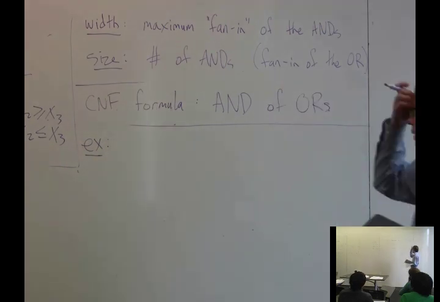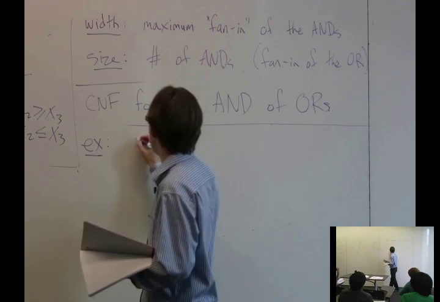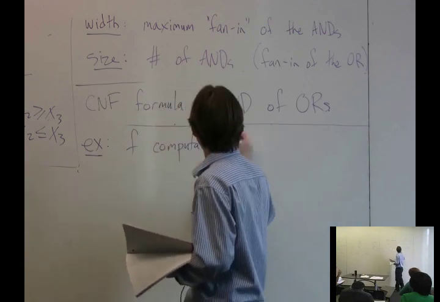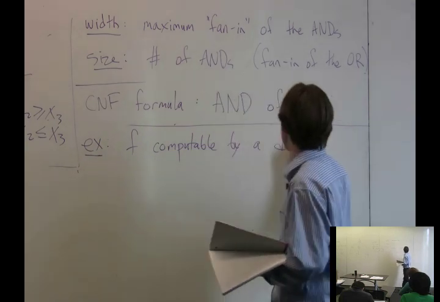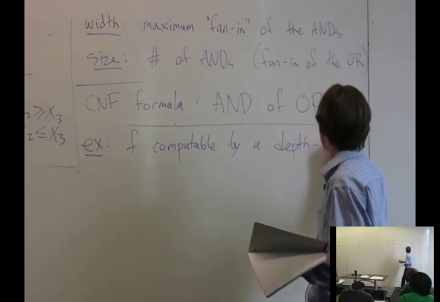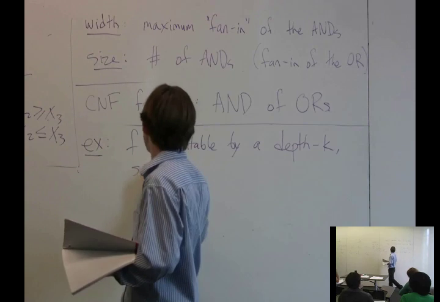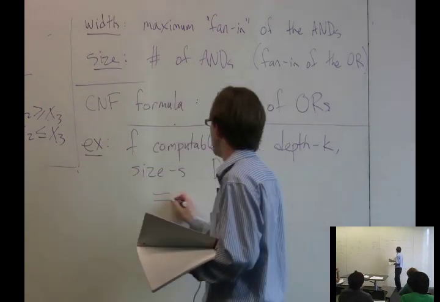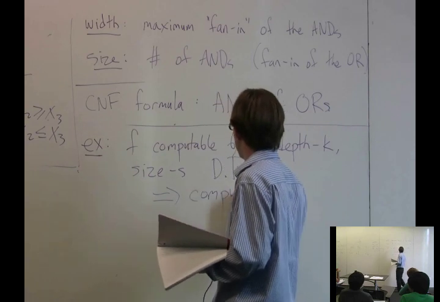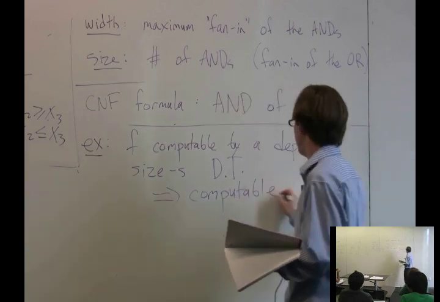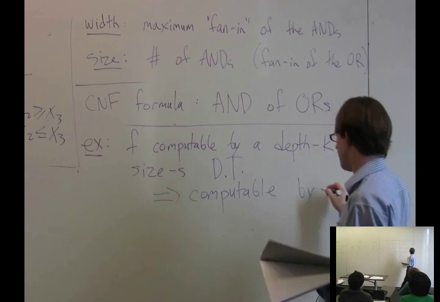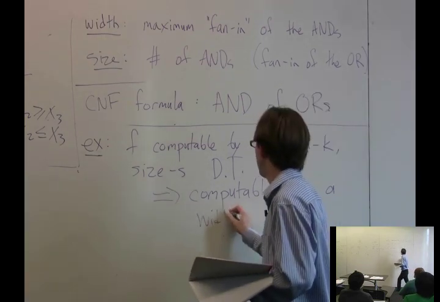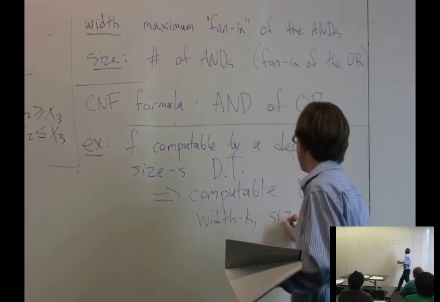I'll leave this as a little exercise. If f is computable by a depth k, size s decision tree, then it's also computable by a DNF with similar parameters: width k, size s DNF.